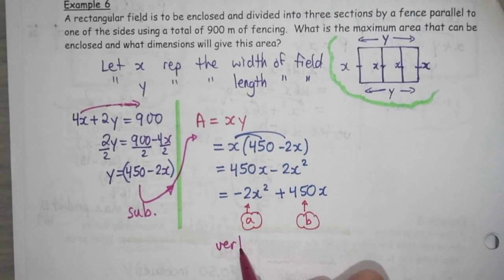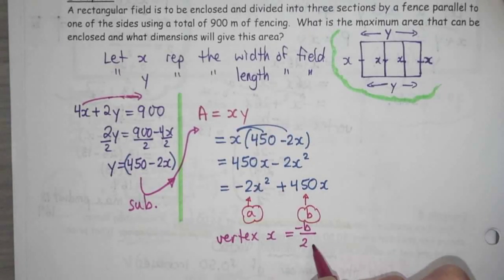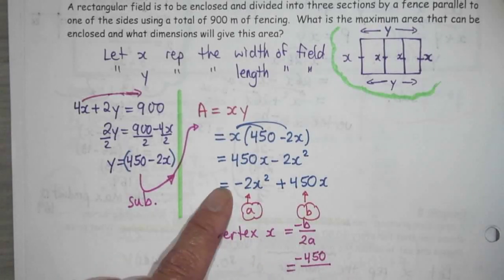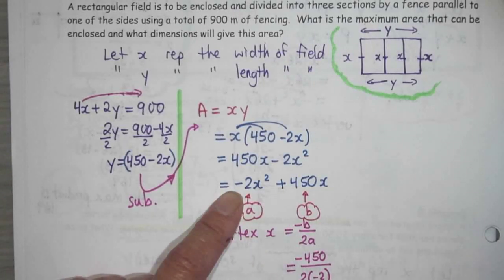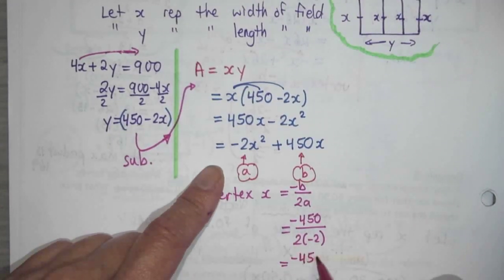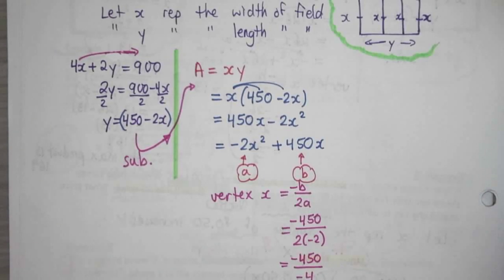Right? So vertex x equals negative b over 2a. So negative 450 over 2 times negative 2. So this will be negative 450 over negative 4. Okay, and when we get there, when you divide that, we're going to either get a fraction.